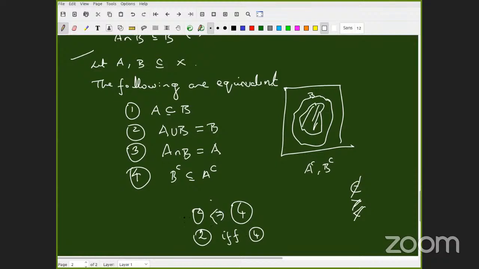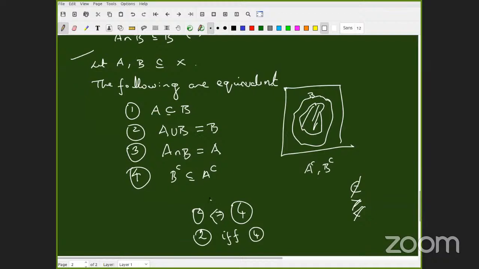Converse is also true. What is the converse? Assume 4. Assume B complement is a subset of A complement and I can prove A union B equal to B. So I hope we have explained if and only if, and this is the time for you to understand.